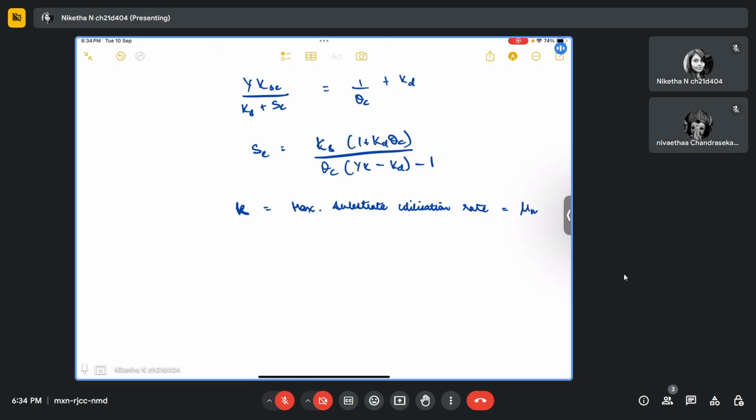Here K is the maximum substrate utilization rate, which is given as mu max by Y. Now mu max here is the maximum specific growth rate.